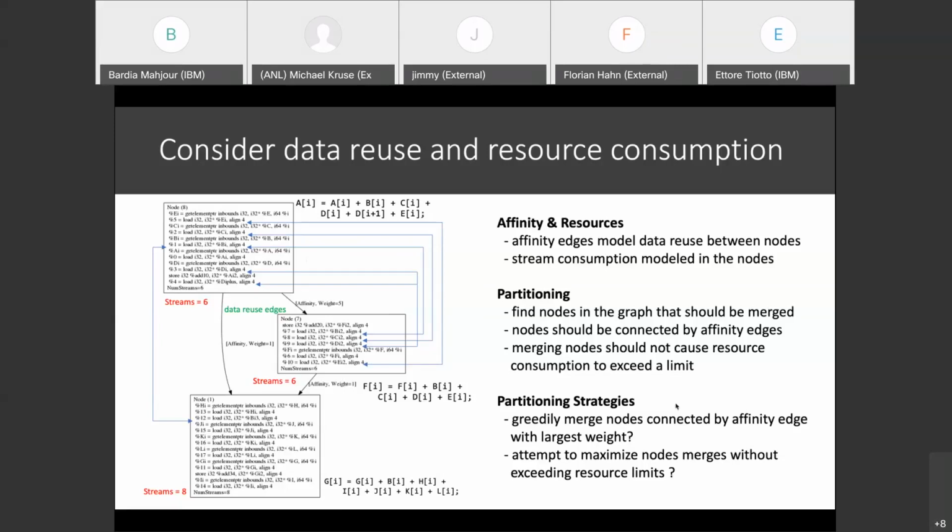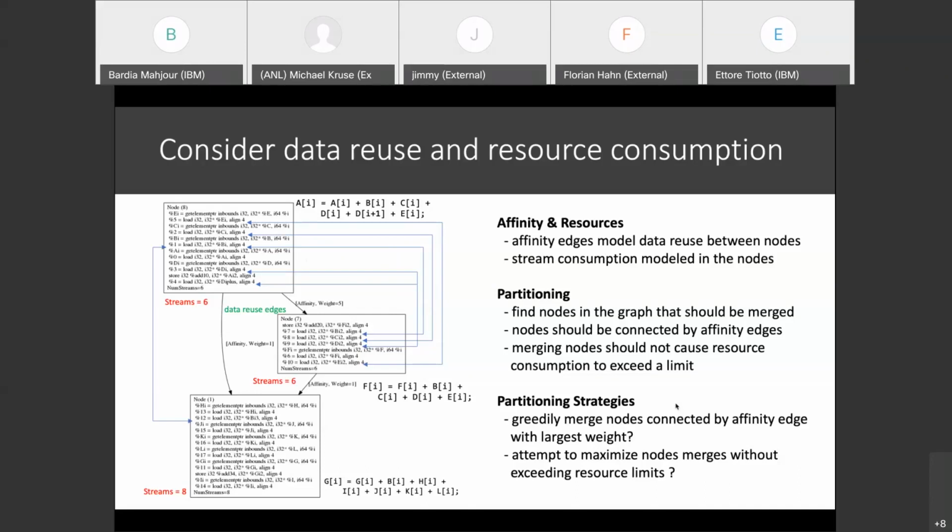One simple one is to go through the graph and try to determine which is the affinity edge that has the largest weight. So greedily try to merge the nodes connected by those edges. So if we were to apply that kind of strategy, we go through the first 2 nodes. They have weight 5. Those are the nodes that we want to merge because all the other edges have lesser weight.